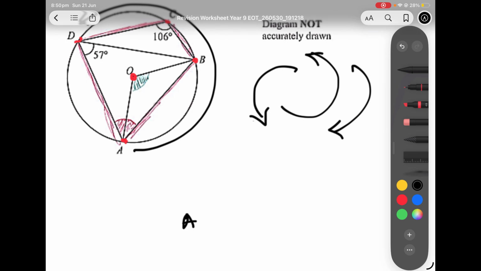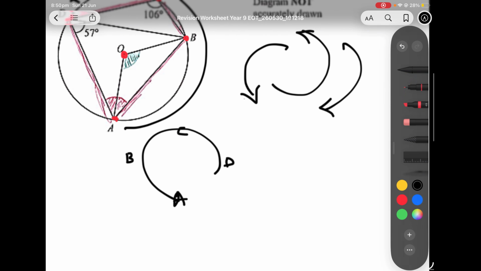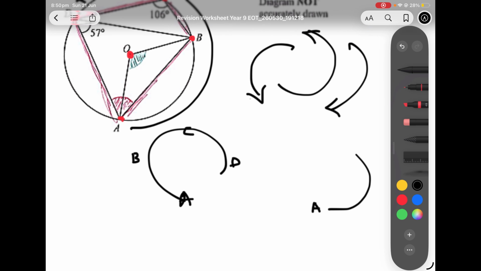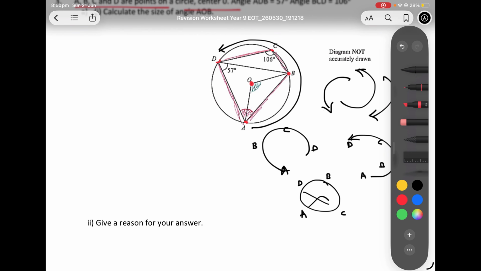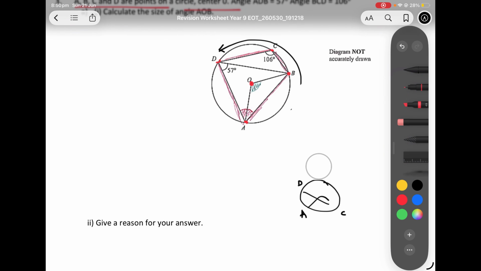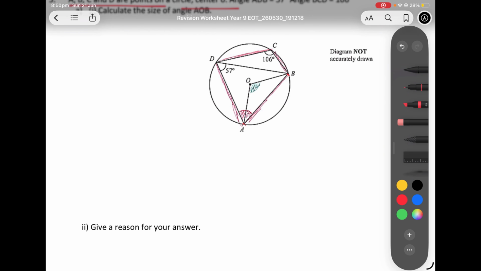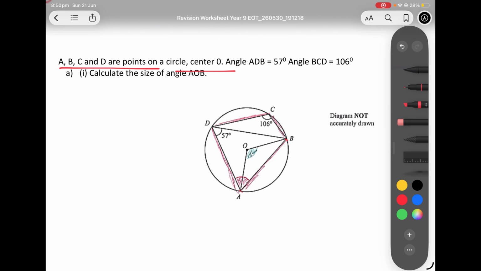It should be A, B, C, D in a pattern, not like A, B, D, C. No, this becomes completely wrong. The pattern has to be followed. They are asking for angle AOB.